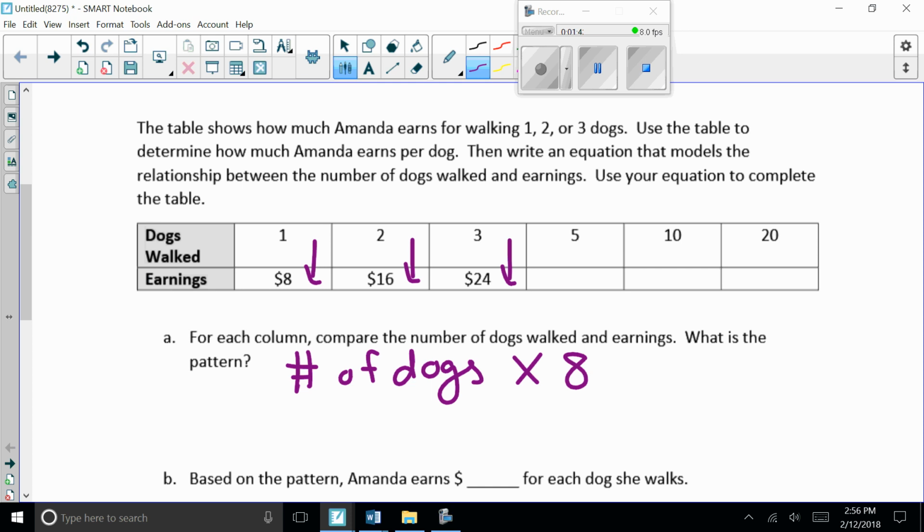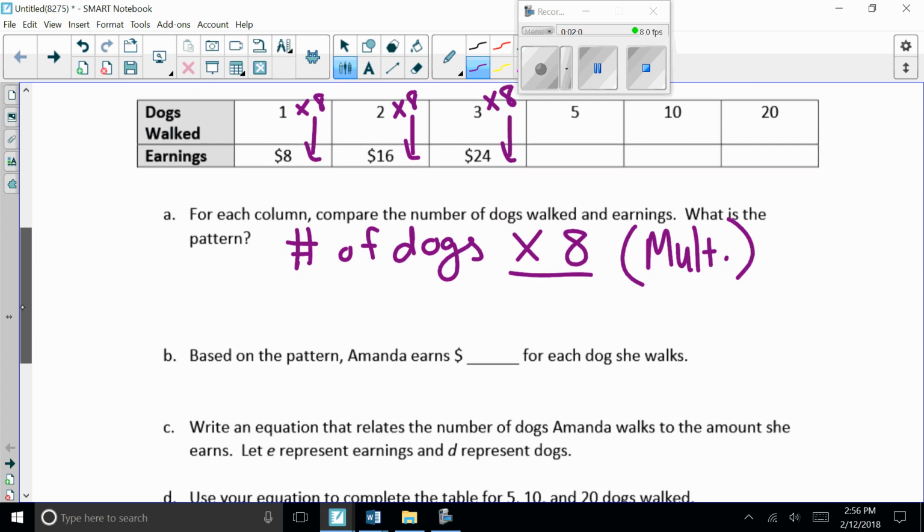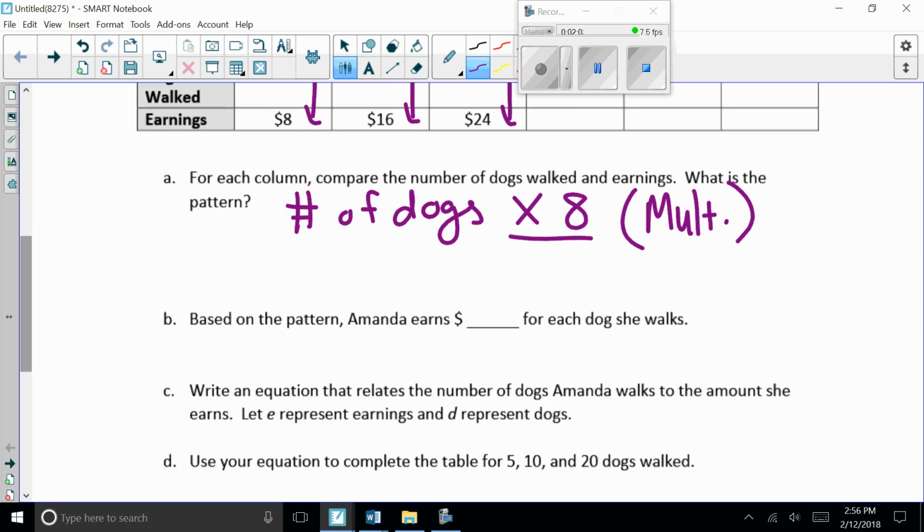So here, if I do 1 times 8, that gives me 8. 2 times 8 gives me 16. 3 times 8 gets me 24. Because we know that this is a times 8, we know that this is a multiplicative relationship. So based on what we just learned, the pattern is she earns $8 for each dog.